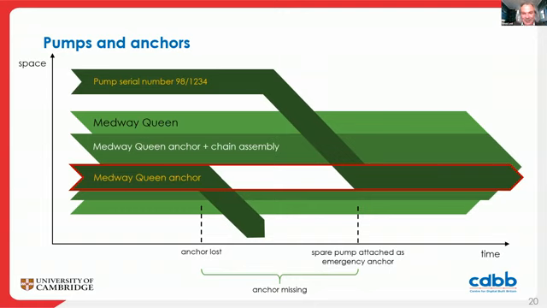We have two objects: the Medway Queen anchor, as a role in terms of how the ship is moored up, and then a physical object, which is not intended to be an anchor at all, but actually has that role after a particular point in time. It's slightly silly, in fact quite realistic, but it does illustrate the difference.